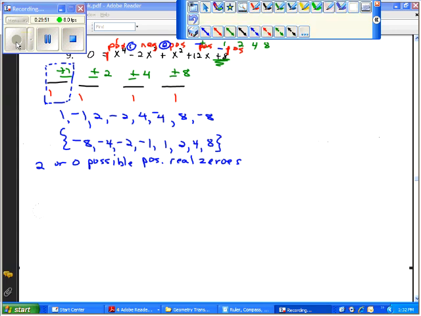Just to save some space, let's just do this in our head this time. f of negative x would be, this is an even number of negatives, so that would turn into a positive x to the fourth. There would be an odd number of negatives, which is negative, times the negative is a positive 2x to the third. There's an even number of negatives, which would be a positive x squared.